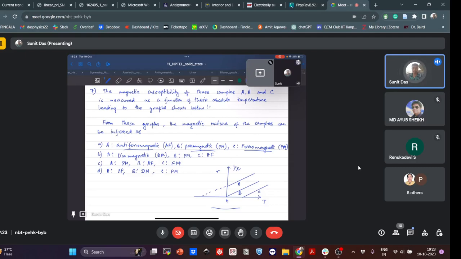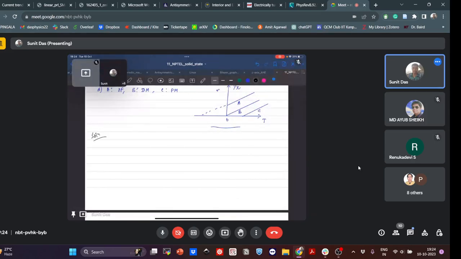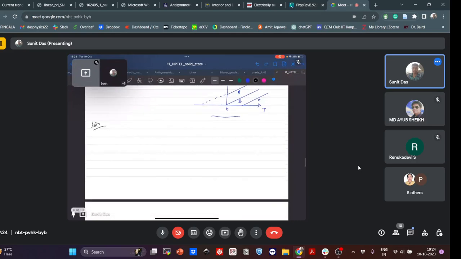Okay, so let's find out why these options are correct. So first of all, for paramagnetic, susceptibility is given as C, some constant, by absolute temperature.